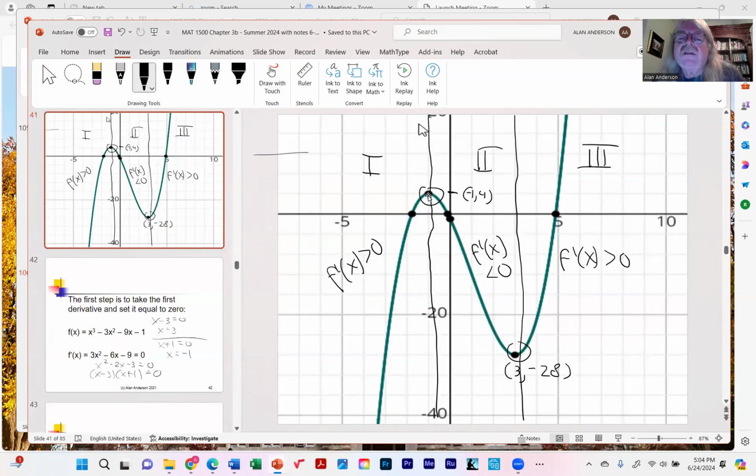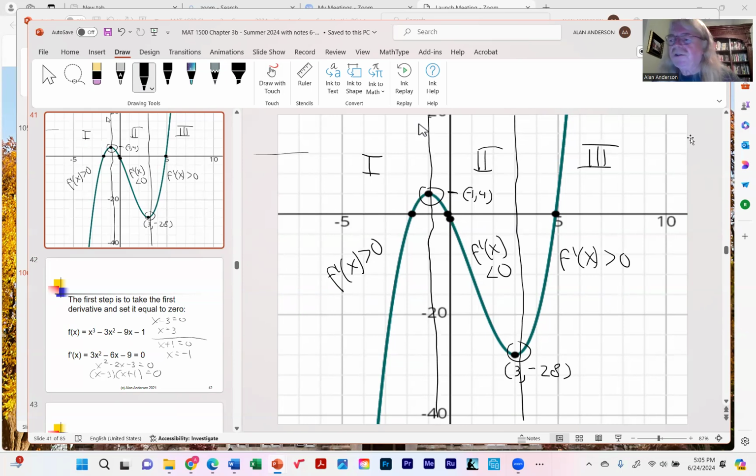Like you could evaluate f prime of, let's say, -2 and 0, and look at the signs on either side. But by looking at the graph, you can see clearly that the first derivative is positive throughout region 1, negative throughout region 2, and again positive in region 3.